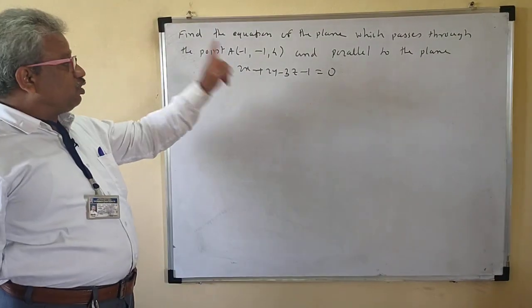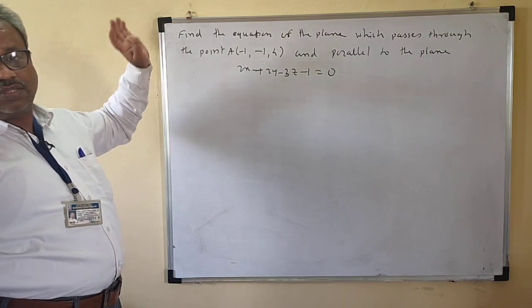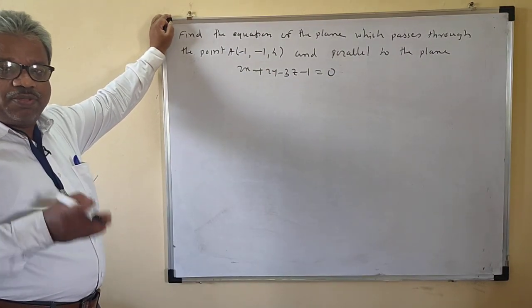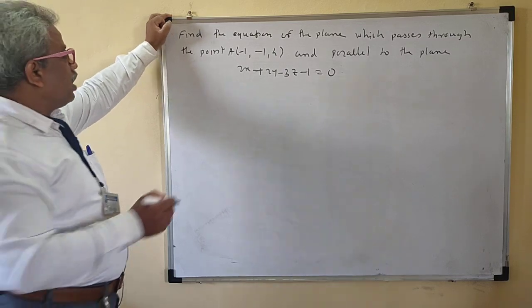You know that if two planes are parallel, then a1 upon a2 is the same as b1 upon b2, and the same as c1 upon c2.